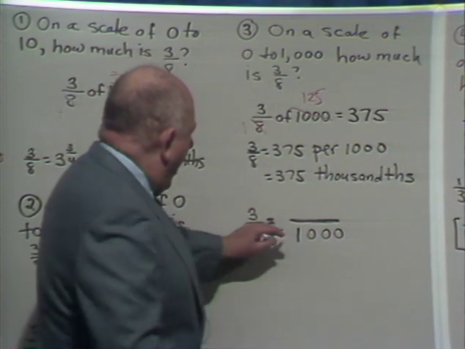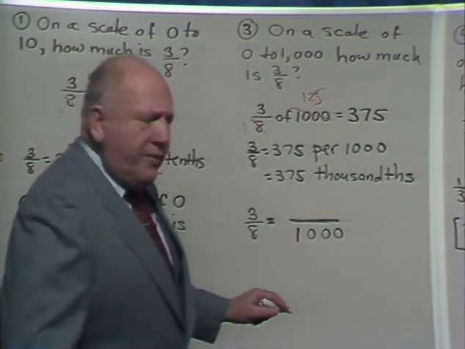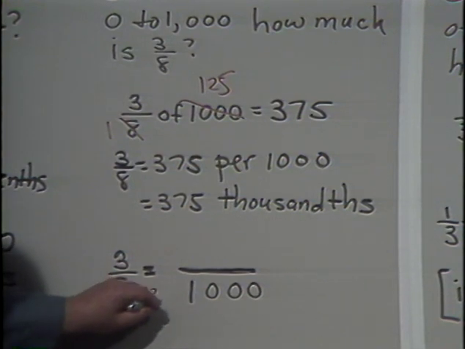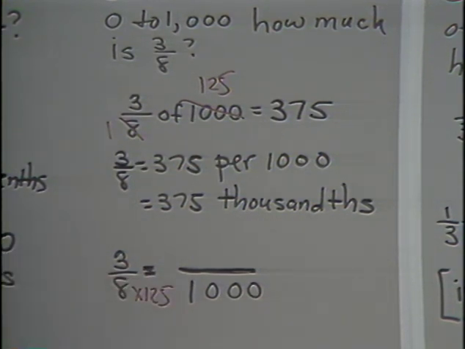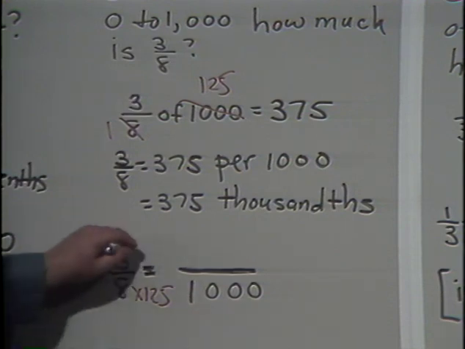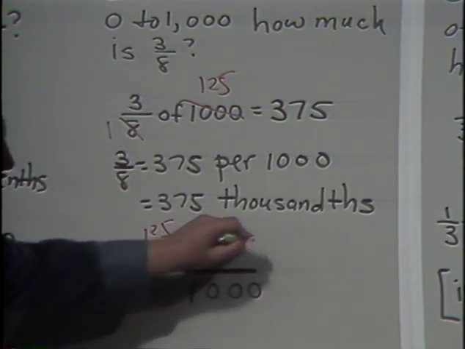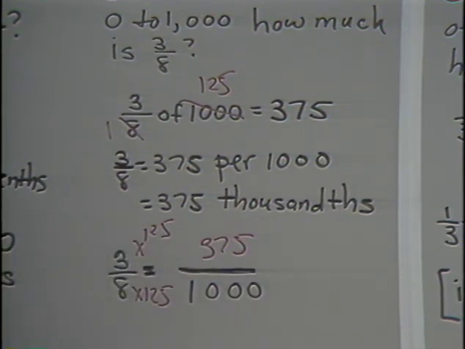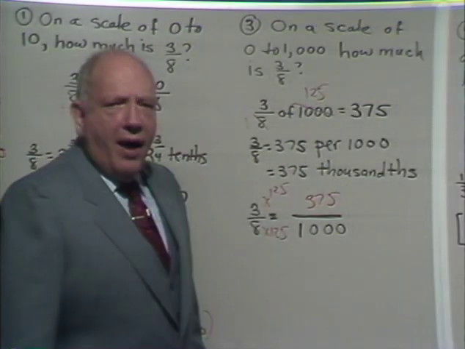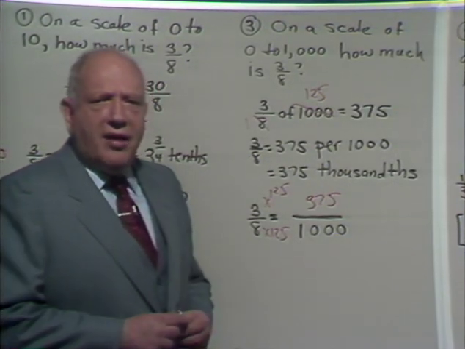And by the way, look how you could have done this back as a common fraction problem. 8 goes into 1,000 125 times. If we multiply downstairs by 125, we also have to multiply upstairs by 125, and that would give us what? 375 over 1,000. And by the way, that's how baseball averages are computed.